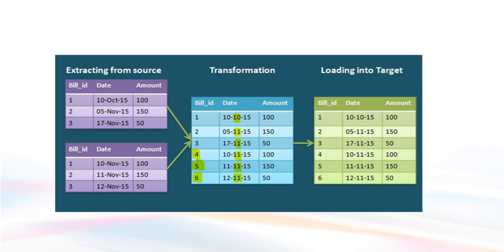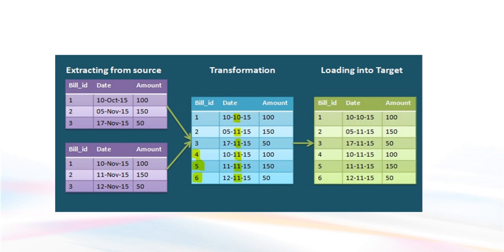If I observe the source table, the month is in text format, October, November. When you come to the transformation part, we apply the date in a different format. This format and all we need to take care of as part of transformation. In the sources the date format may be different, but during transformation we need to define the date in a certain format.